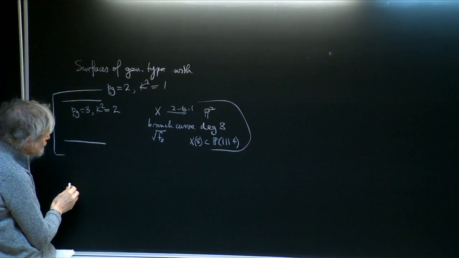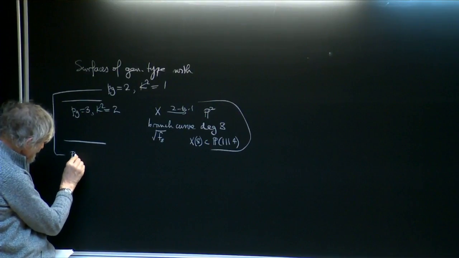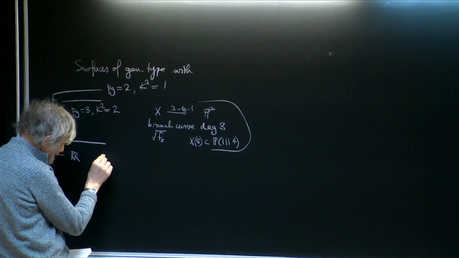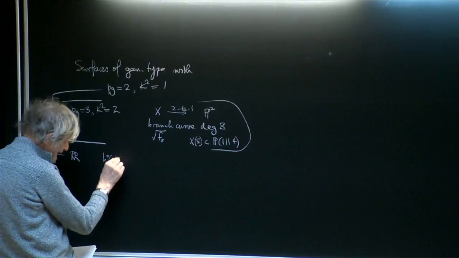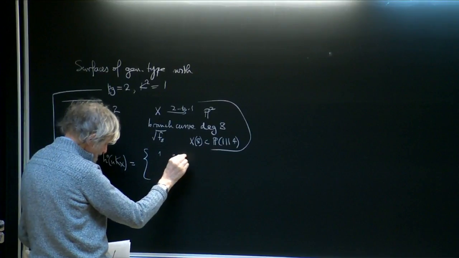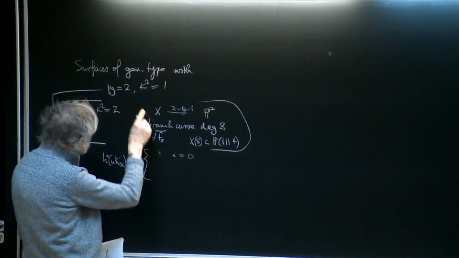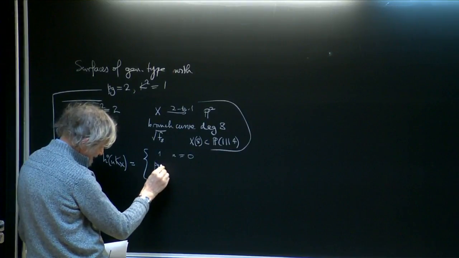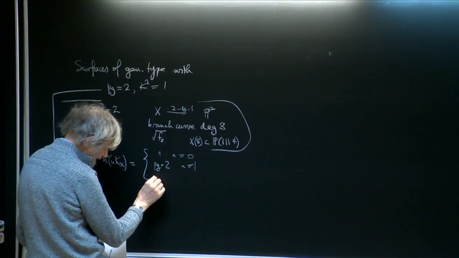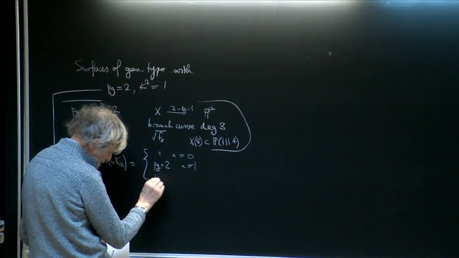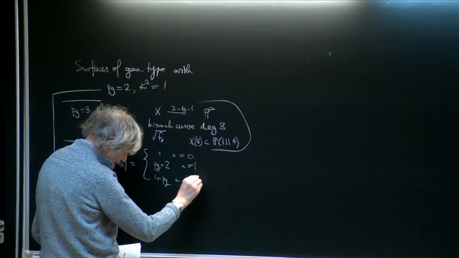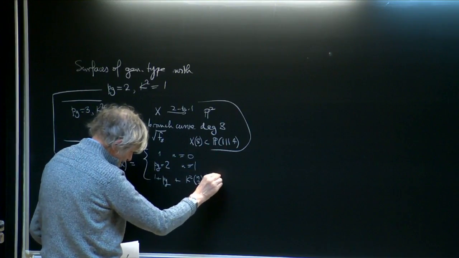So I told you the rules. The Riemann-Roch for surfaces says that if I look at h0 of nKX, I get 1 if n is 0, and pg, which in this case is 2, if n is 1, that's just the definition, and then I get 1 plus pg, this is chi, plus K squared times n choose 2, if n is greater than or equal to 2.